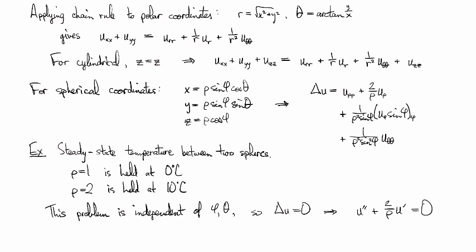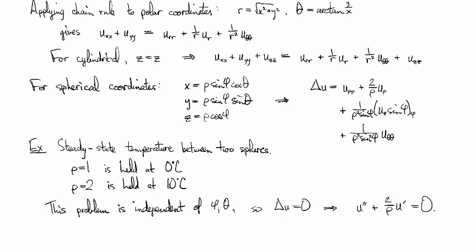And so we have u double prime plus 2 over rho u prime is equal to 0. Since everything in there has been differentiated at least once, we can reduce the order really easily by putting v equal to u prime. And then it becomes v prime plus 2 over rho v equals 0.